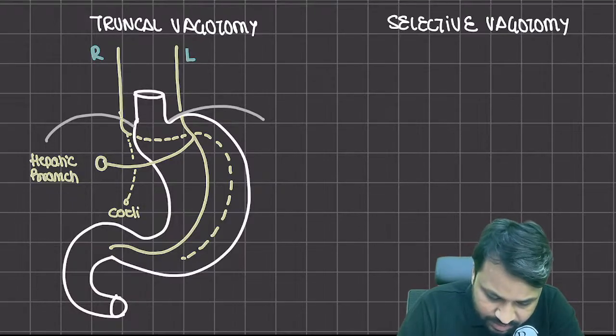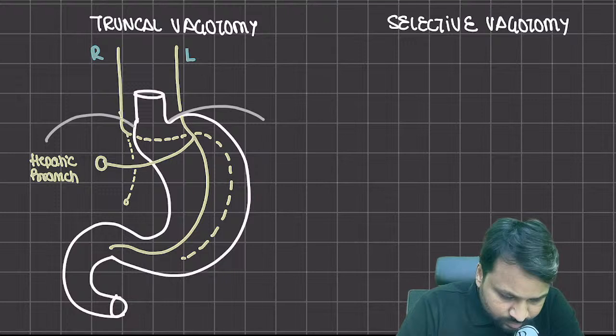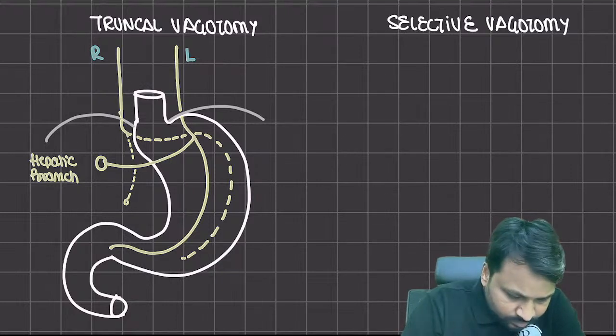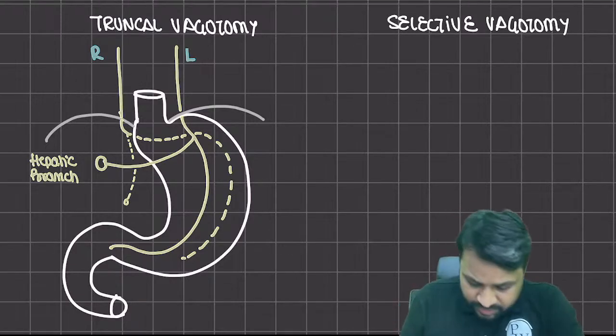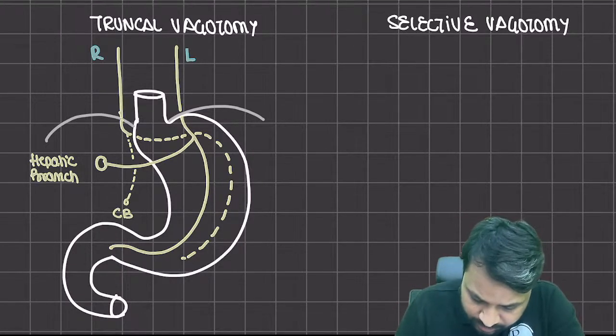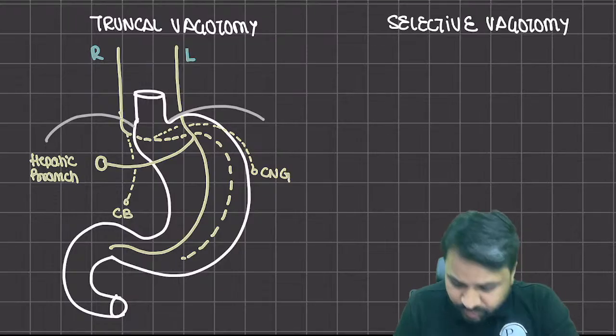I'll just write it, celiac branch. Another one that is going to be going across here is your criminal nerve of Grassi.